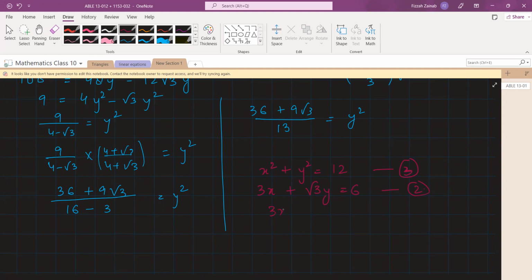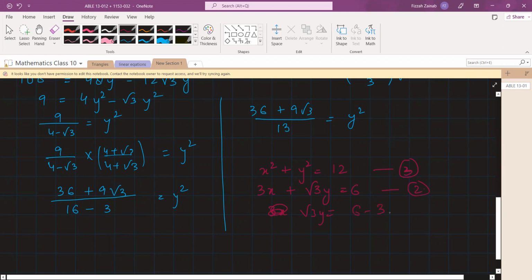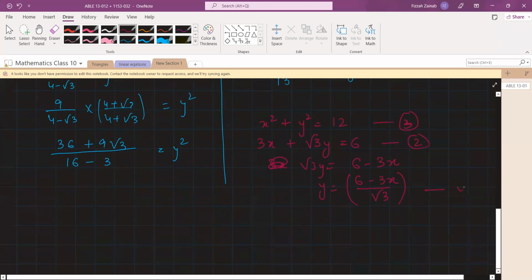Root 3y will be 6 minus 3x, so y will be 6 minus 3x divided by under root 3. That's my y, let me call it 4. Now put this y in equation number 3 again. So let us solve it. x square plus y square, meaning 6 minus 3x divided by under root 3 whole square.